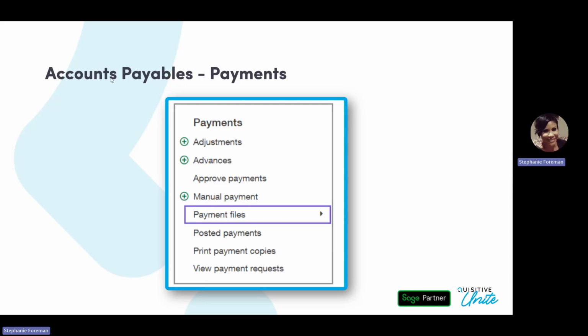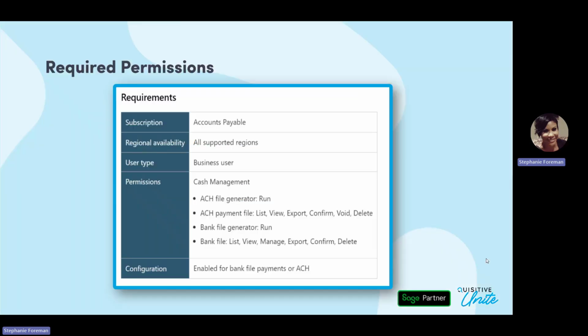So if you toggle through accounts payable, payments, you'll see all these different selections here. And then you can go to payment file. This, I assure you, was not here previously. Make sure that you are subscribed to accounts payable, all supported regions. You have to be a business user.